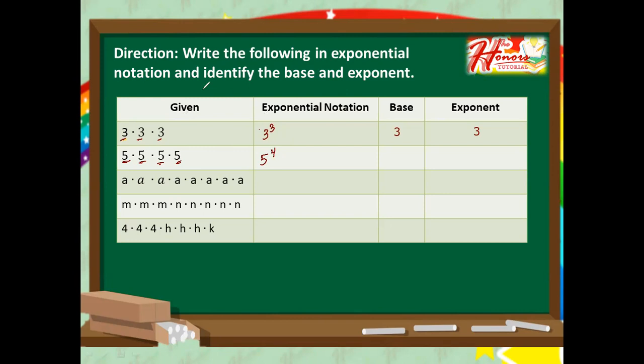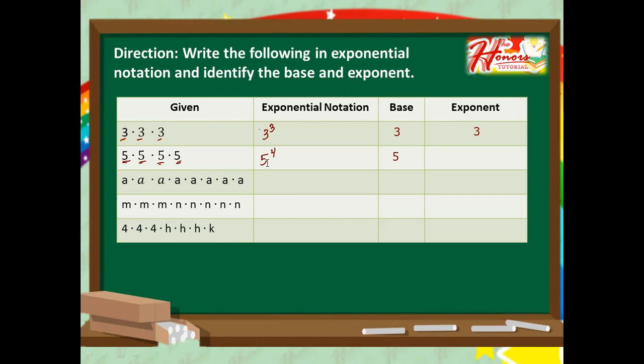So that is for exponential notation. What is for the base? The base is the number that is repeatedly multiplied to itself, and that is 5. Or you can just base your answer here in the exponential notation. The number that is written bigger than the other, that is the base.